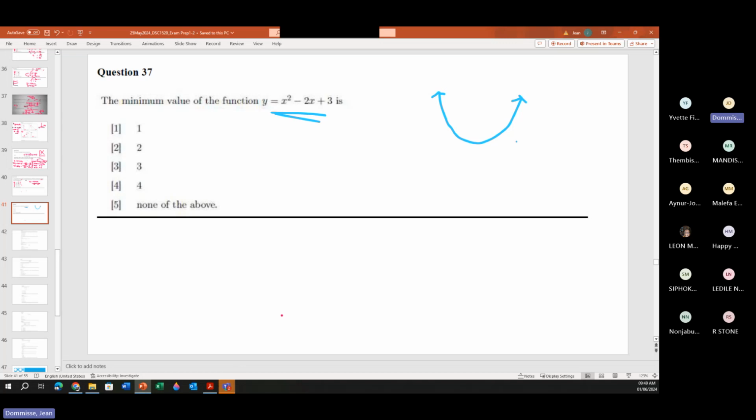So minimum value would be at the turning point. So we will be able to work that out. I think, what is this formula now? Is it minus 2a over b? I think that is it.